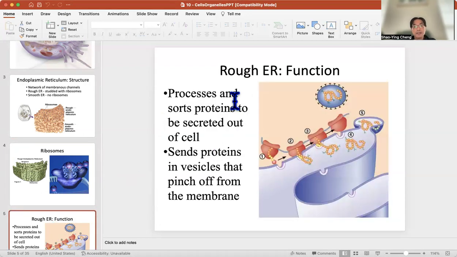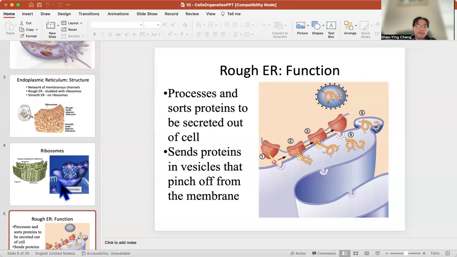Its function is to process and sort protein. This is the translation process. After you have the mRNA, you have the ribosome to help translation, and eventually you create the amino acid sequence.